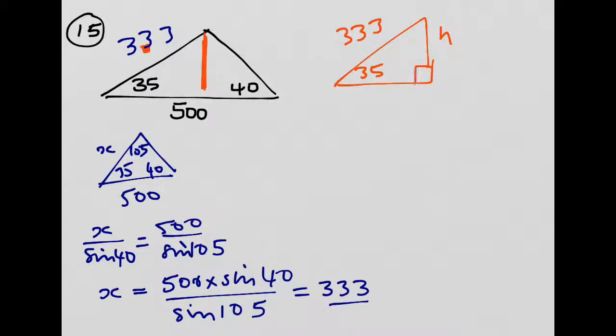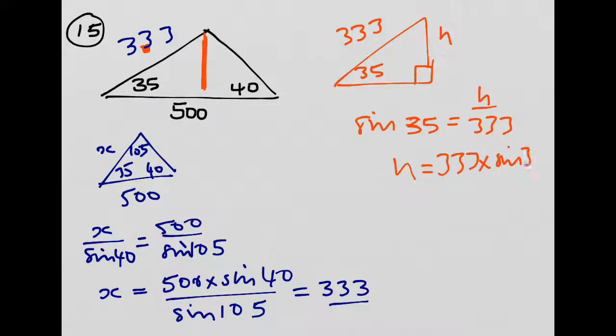So it's a sine question, so sine 35 equals h over 333, so h is 333 times sine 35, which comes out to be 191 metres. Okay, so it's a sine rule question to get a missing side, and then a SOHCAHTOA question. If you could do two sine rules, you should get the same answer.